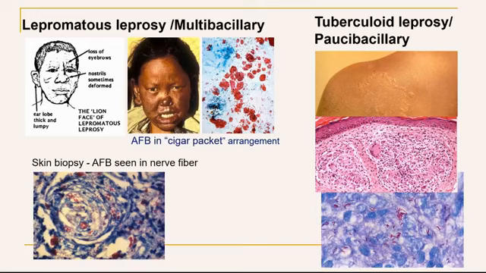On the right-hand side is the tuberculoid leprosy or paucibacillary leprosy. You can see that the lesions are far less debilitating, there's less deformity to the tissues, and you can also see that there's far fewer organisms in the tissue upon examination.